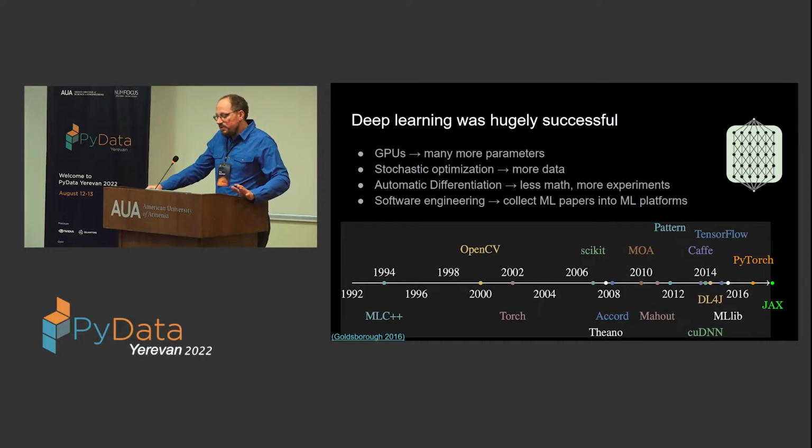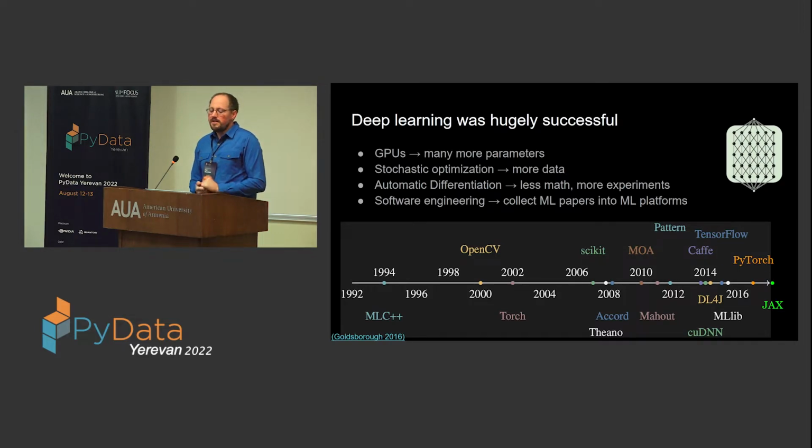So at this point, neural networks had been around for a long time. Geoff Hinton had been working on those since the early 80s, I think. And they didn't really have huge success until the early 2000s. I think there were some new architectures, but a lot of the success was due to things that weren't really specific to neural networks at all.